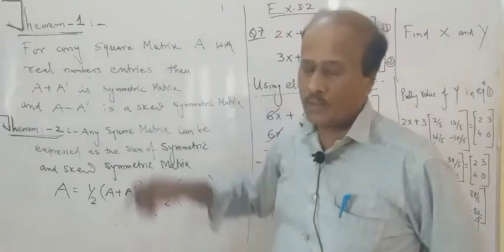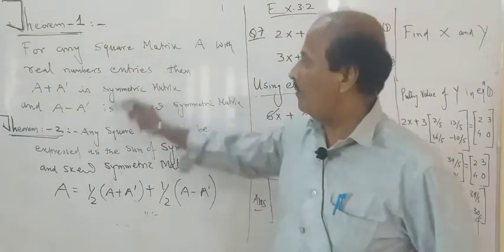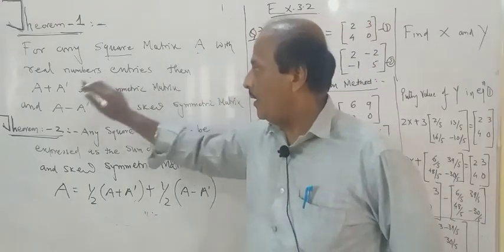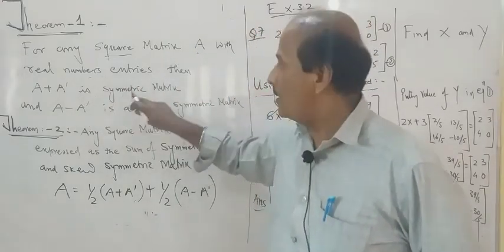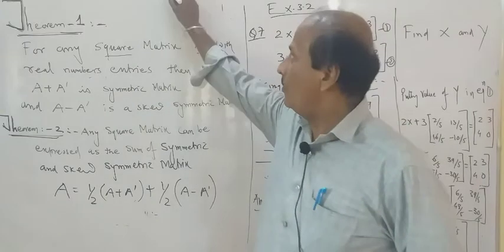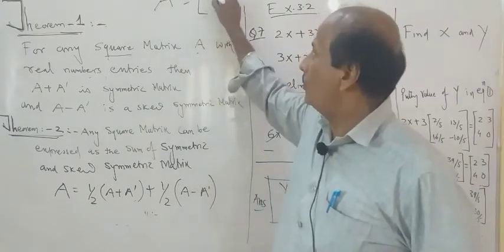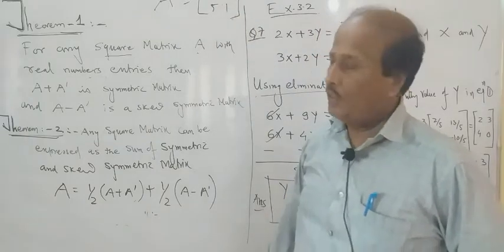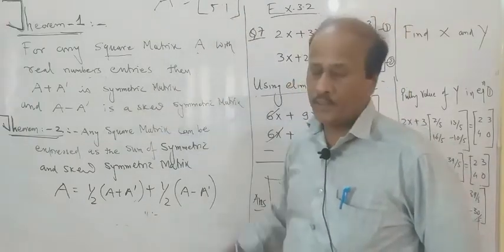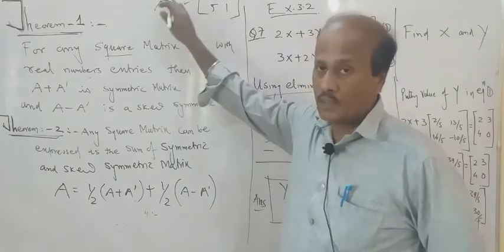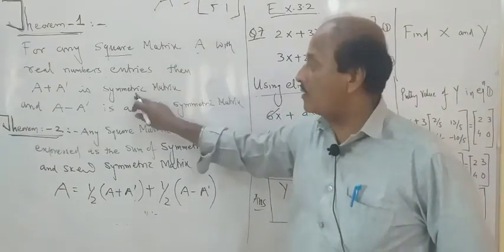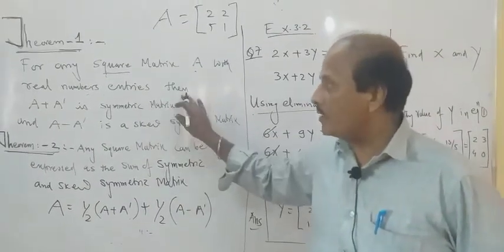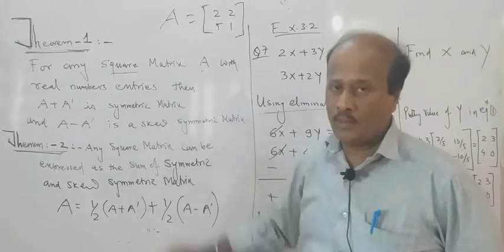For any square matrix A with real number entries, A plus A dash is a symmetric matrix. If I am giving you any matrix 2, 2, 5, 1, and it's a square matrix, and you find A plus A dash, meaning A with its transpose, then the answer will automatically be a symmetric matrix.